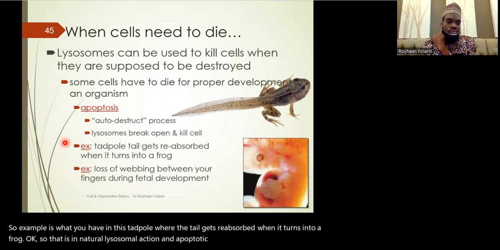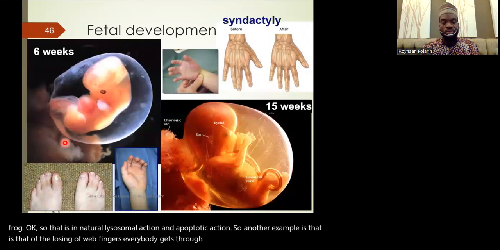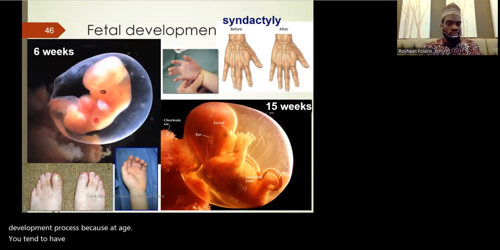So another example is that of the losing of webbed fingers. Everybody goes through that during the embryological developmental process. Because at age 6 weeks, you tend to have very webbed limbs or hand plates. Okay.